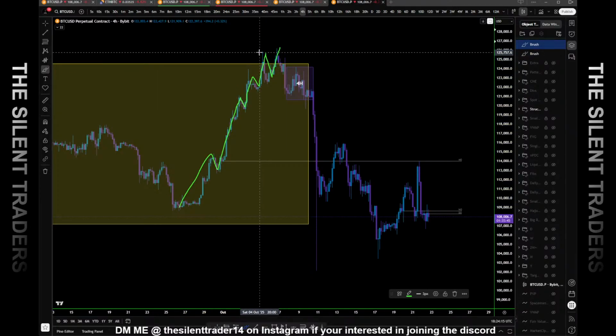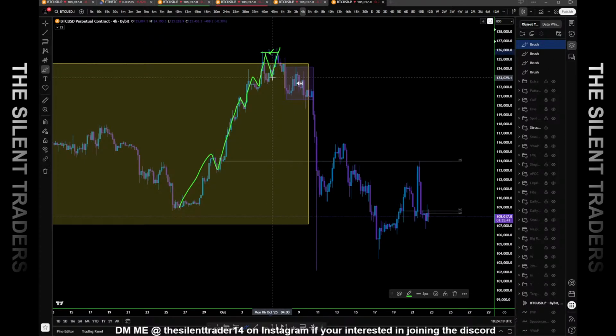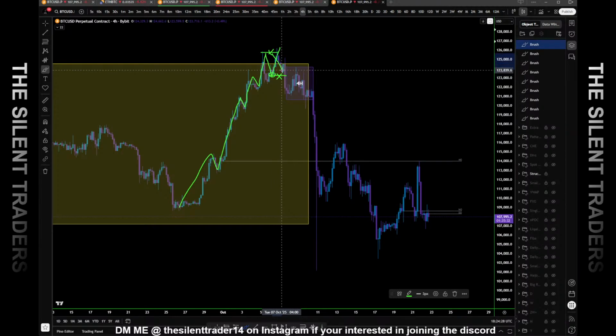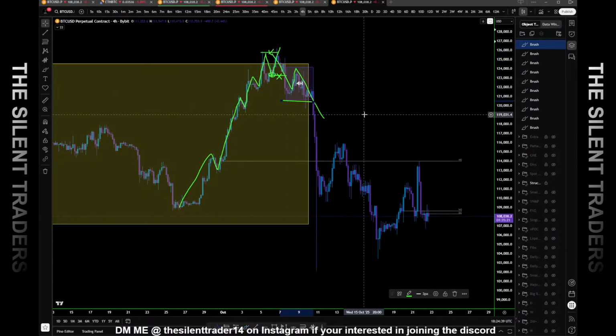What happened at the break of market structure? You had a swing failure, meaning this is the target of the swing failure. When we came down here, what happened? We changed market structure, meaning we went like this. After we changed market structure, we went up, creating a protected high. We then continued to break it. So this is the last break of market structure.